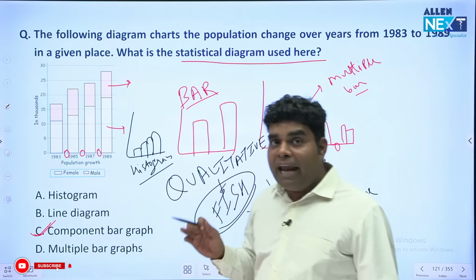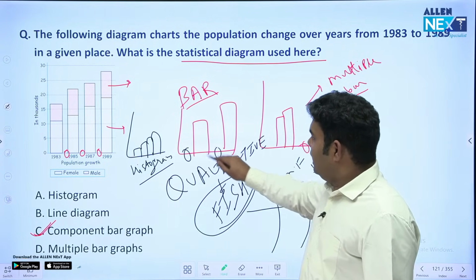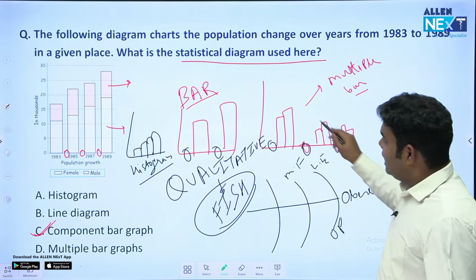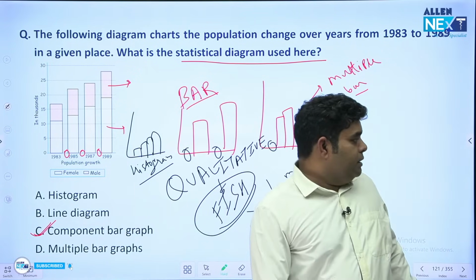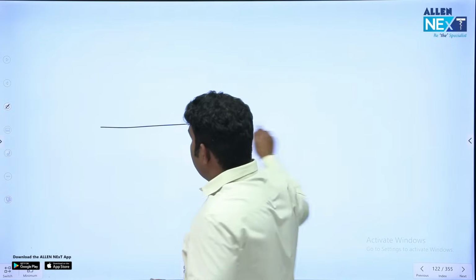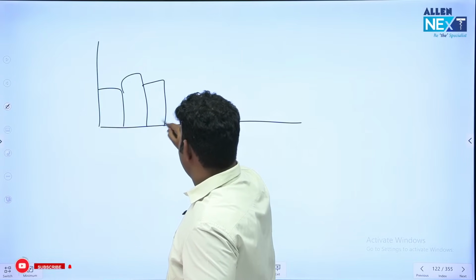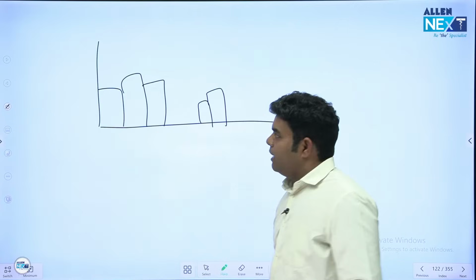Histogram does not have gaps at equal intervals. Bar diagram has gaps again and again at equal intervals. Equal interval gap, that is the characteristic of a bar diagram. Okay? Let me ask a question on this. If I am representing this data like this, what is this diagram?